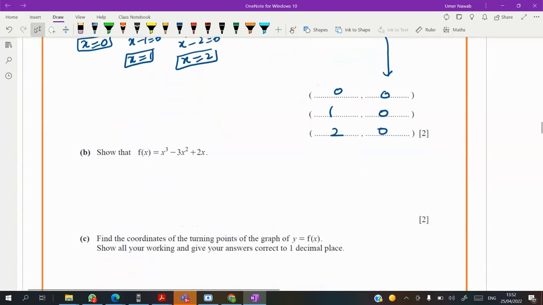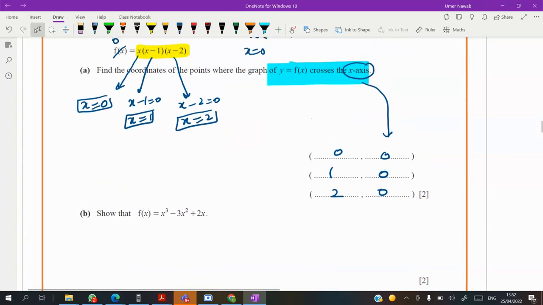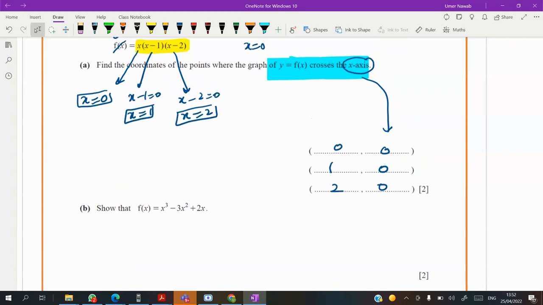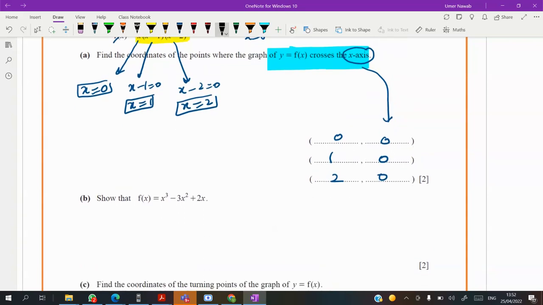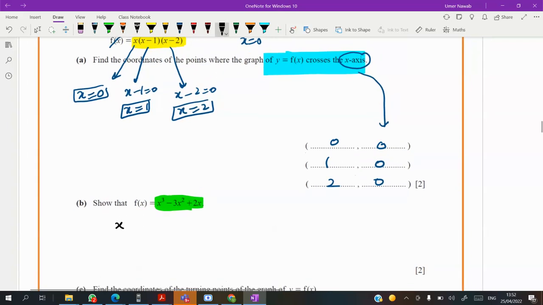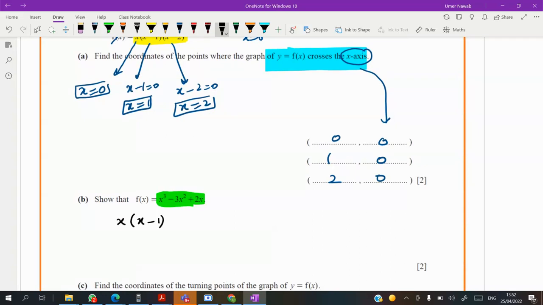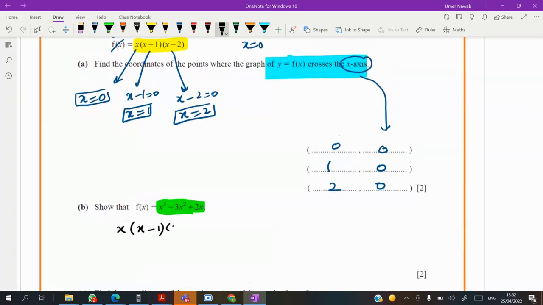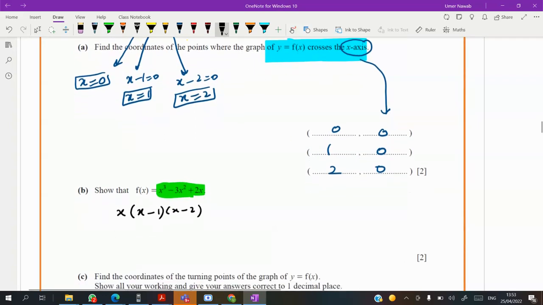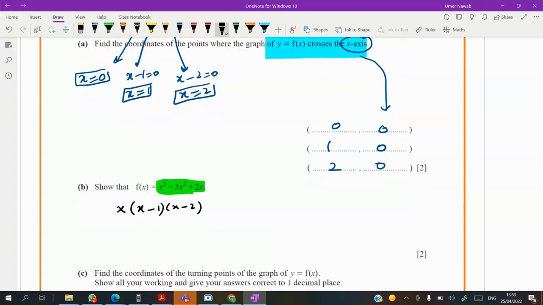Now show that. So he wants us to multiply the three brackets to get this form, because when the three linear brackets x, x minus 1, and x minus 2 are multiplied, you will get that answer which is given by him. So I will just multiply the two brackets first.